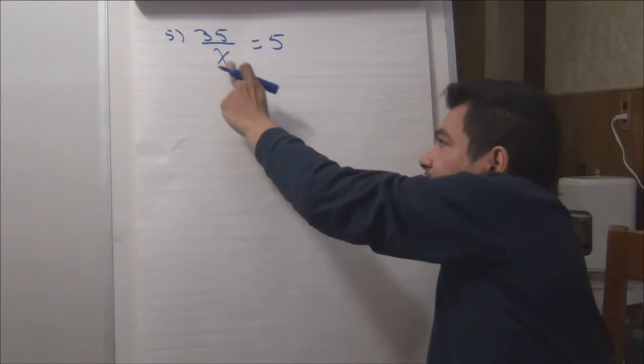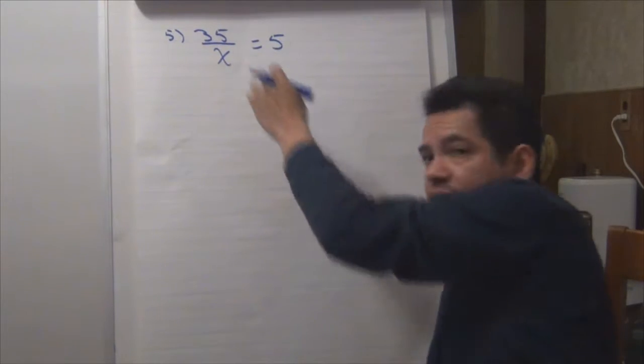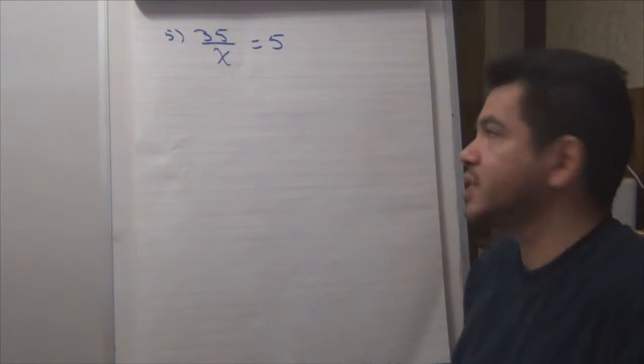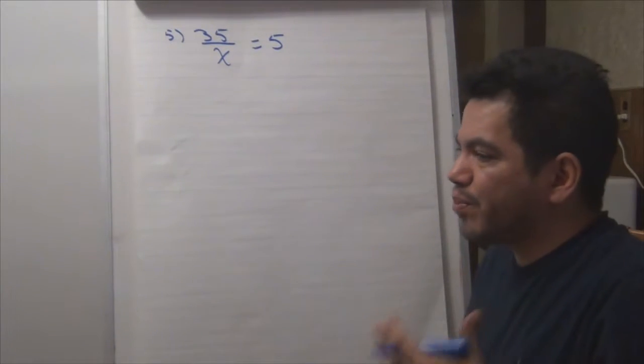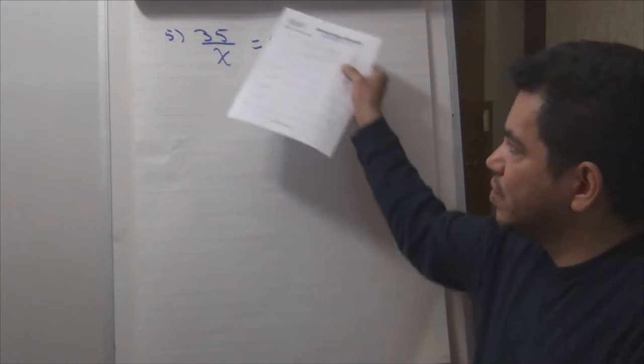You never want to have variables as the denominator. You don't want to have the x in the bottom. Those are called fractional or rational equations. So how can I bring this x to the top?